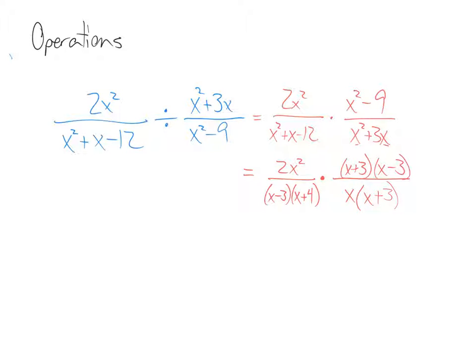The x minus 3 on the right can cancel out the x minus 3 on the left. One's on the top, one's on the bottom, they're identical. What else will cancel? Good, the x plus 3s will cancel. Anything else?